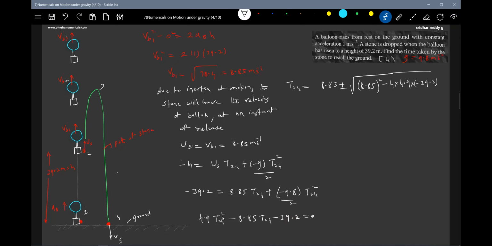So T24 equals 8.85 plus or minus the square root, divided by 2 into 4.9. So 8.85 whole squared.